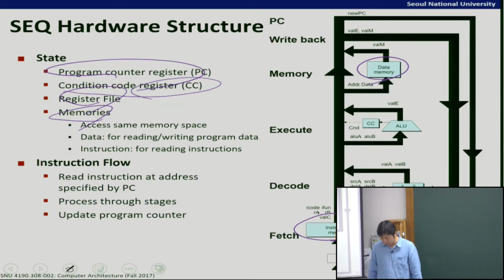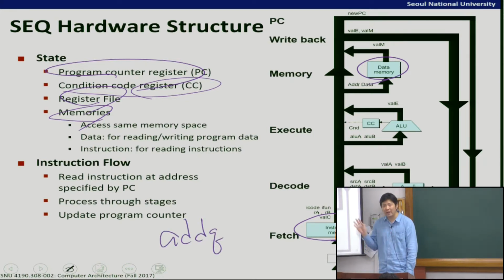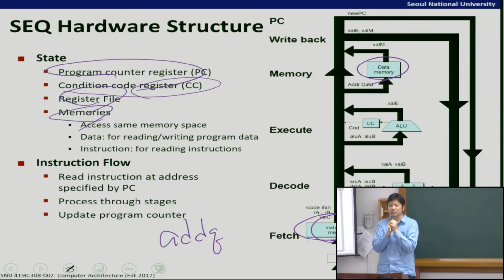Let's say you want to execute an add instruction, addq. You first read the instruction from instruction memory, that 2-byte instruction, addq RA, RB.